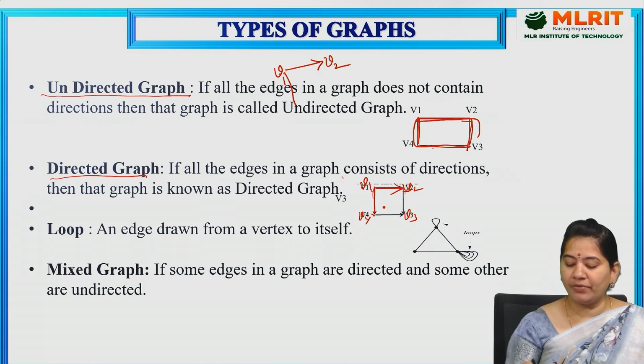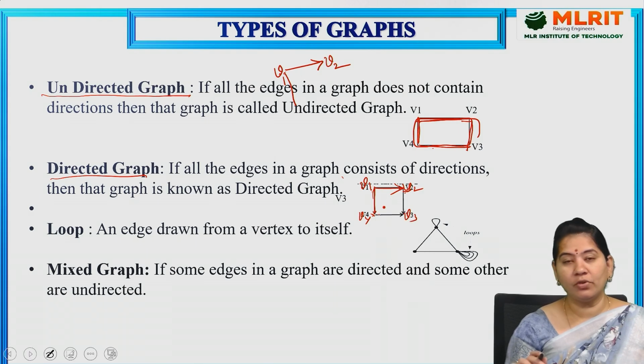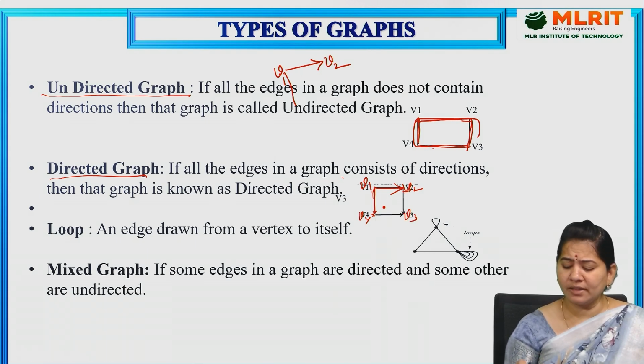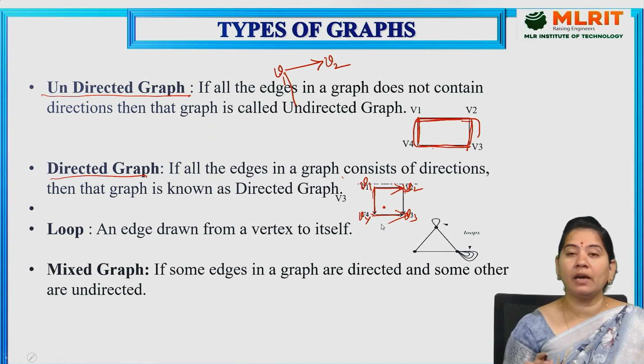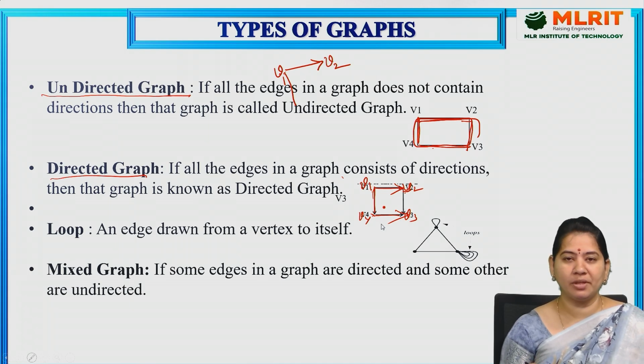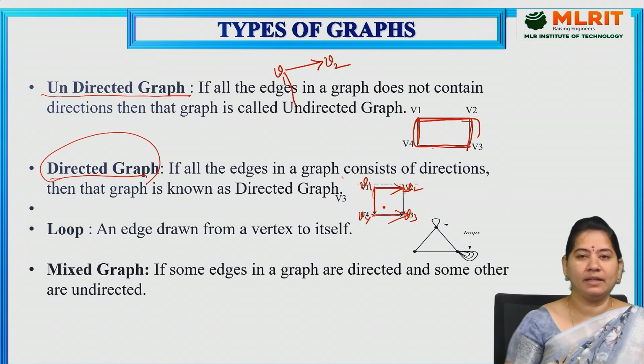In the same way, V1 to V4: V1 is outgoing and for V4 it is incoming. From V2 to V3 a direction is there, and from V4 to V3 also. Like this, for every edge we have specific arrows mentioned, so I can say that this is called a directed graph.